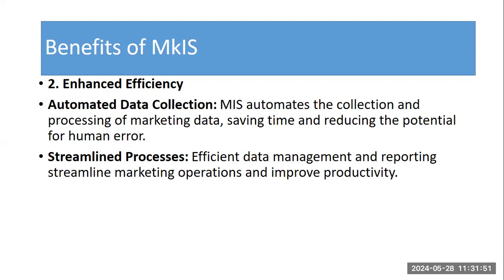So marketing information system automates the collection and processing of marketing data, saving time and reducing the potential for human error. Because if humans collect the data, sometimes they miss the data, sometimes they forget it, and sometimes they get it inaccurately. But if they are using that automated system, they can reduce the human error.